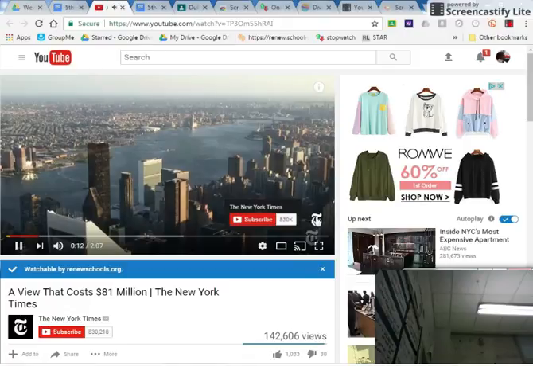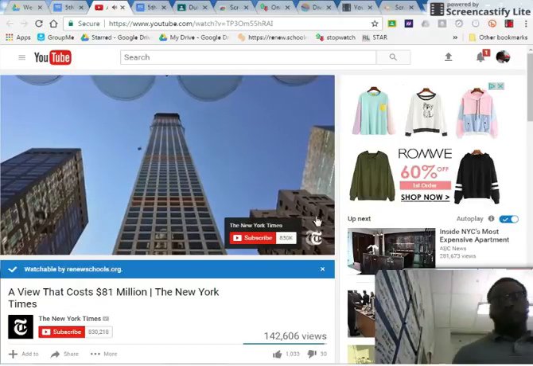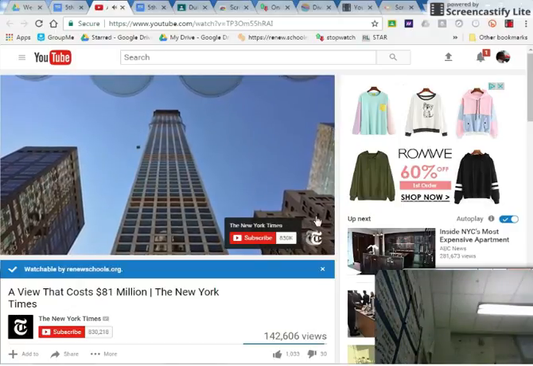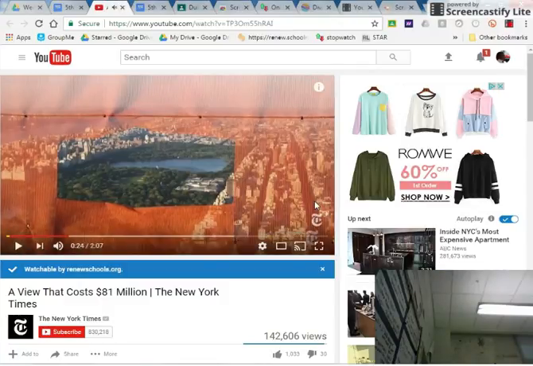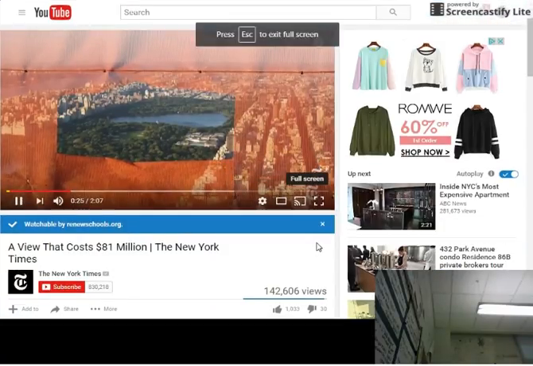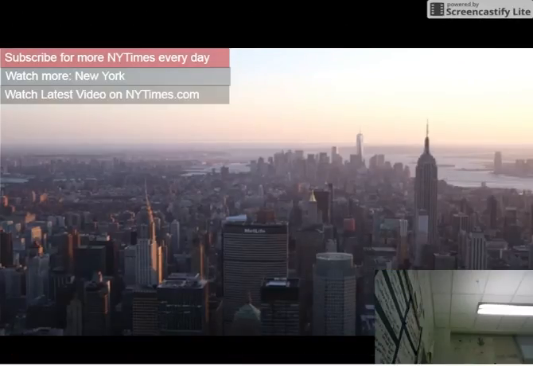Get used to this view. You're going to be seeing it a lot in superhero movies once Hollywood finds out about it. Or you can buy a penthouse in this new apartment block for $80 million plus. That's 3 billion rubles and change to you, sir. And look out from it every day. Well, every day that you're not in one of your other 5 homes.